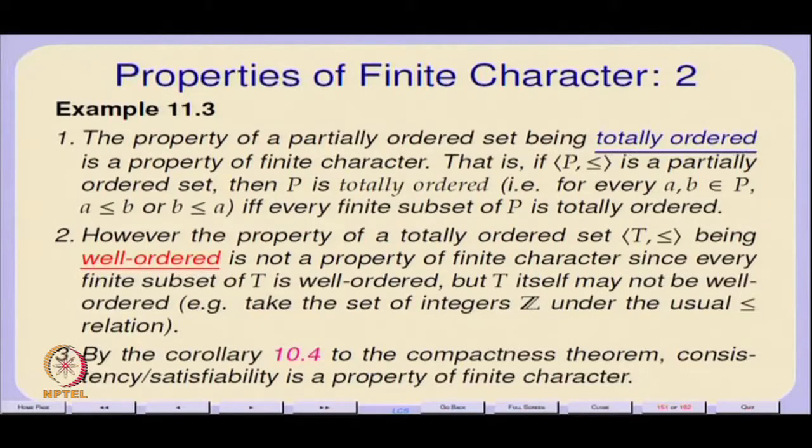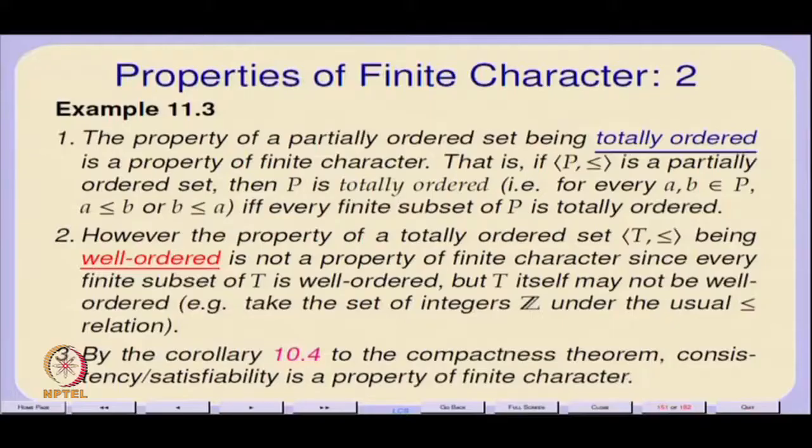However, if you take the universe of totally ordered sets, the question of whether a set is well ordered is not a property of finite character. The well ordering property is not of finite character, because an infinite totally ordered set may not be well ordered, but all its finite subsets will be well ordered, because they will have a minimum element. By well ordering we just mean that there should be no infinite descending chain.